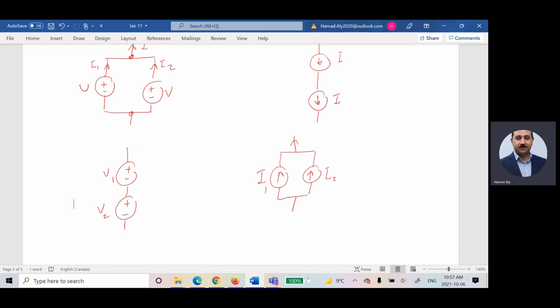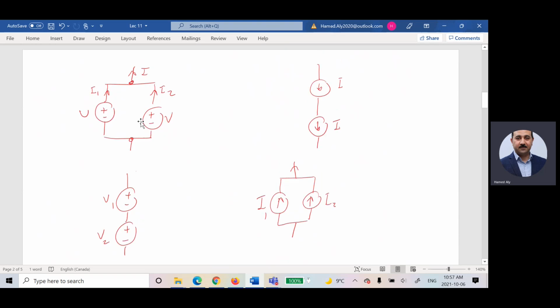So I have to pay attention. If I have two parallel current sources, the total current may be the summation, may be the difference, based on the direction. So if this guy is downward, this guy will be I1 minus I2. If I have two parallel voltage sources, the voltage should be the same. You have to pay attention to these simple things.